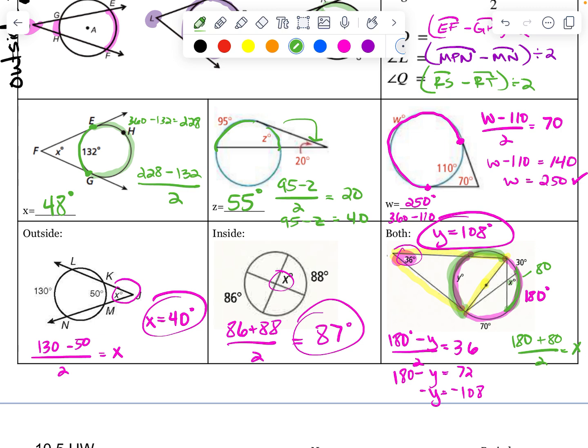So 180 plus 80 divided by 2 is 130. X equals 130.